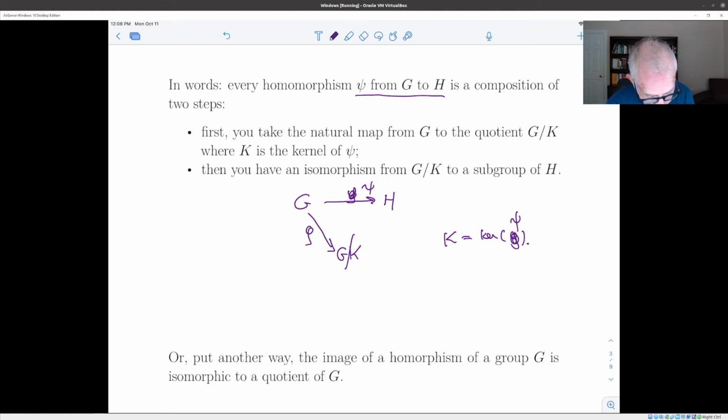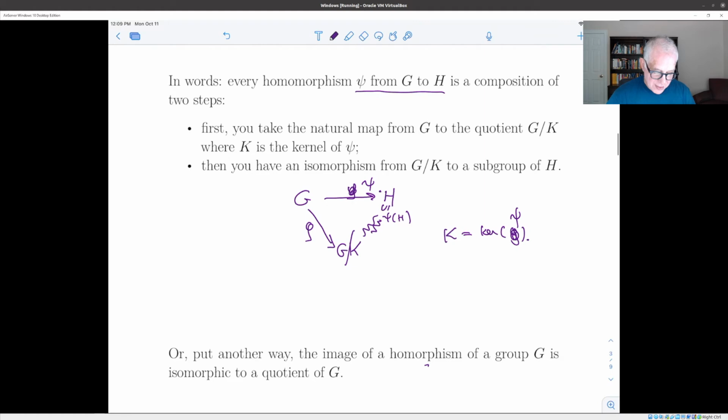The image of this homomorphism psi is then actually isomorphic to this quotient group G mod K. So the image of any homomorphism from G to H puts a copy of a quotient group of G inside H. The image of a homomorphism is isomorphic to a quotient of G. So if you've got a group G and you want to take a homomorphism to H, the only way that can happen is if some quotient group of G is isomorphic to some subgroup of H.